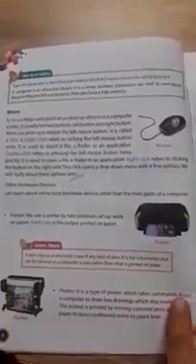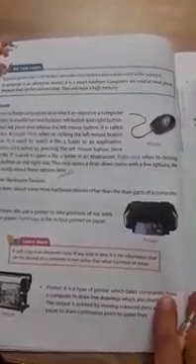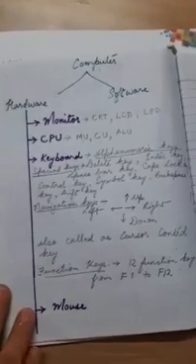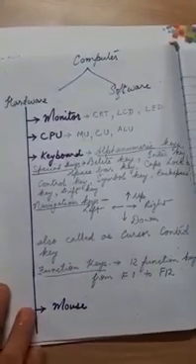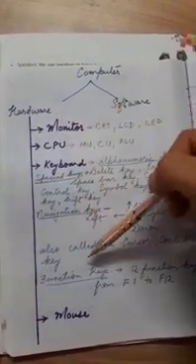Hello dear students. Now we'll be dealing with the second part of the first chapter. Till now we have done computer, two components, hardware, software, parts of hardware, monitor, CPU, keyboard, and on keyboard we have some special keys like alphanumeric keys, then special keys like delete key, enter key, spacebar key, caps lock key, and so on.